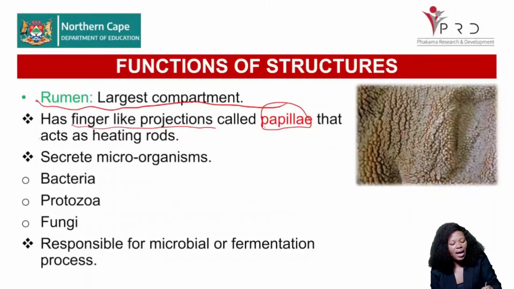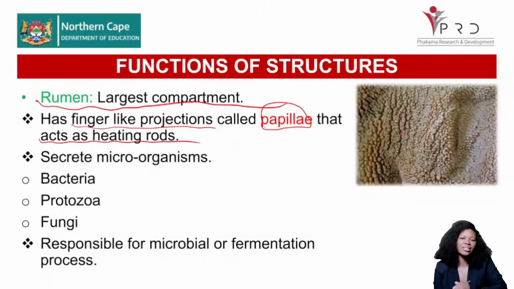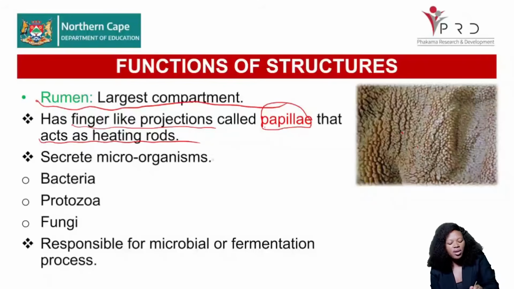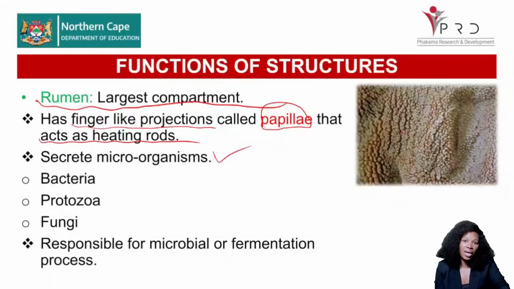These papillae act as the heating rod, contributing to the warm temperature in the rumen. The very same compartment secretes microorganisms, called the bacteria, protozoa, as well as fungi, responsible for microbial digestion and also for fermentation.